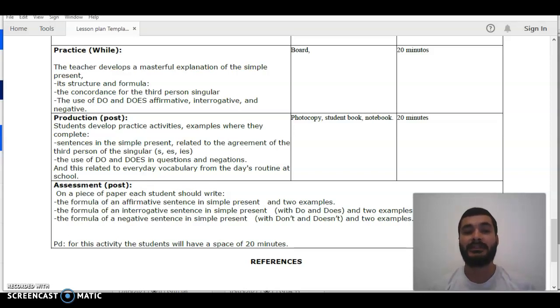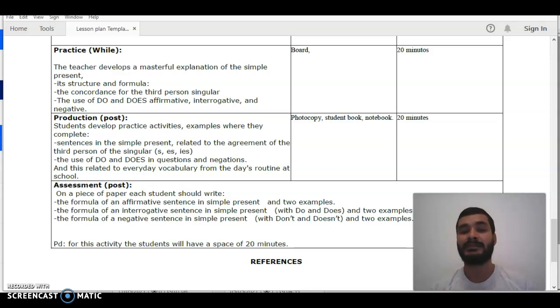In this assessment, the students will give to the teacher on a piece of paper the specific formula for a sentence in simple present, giving the concordance to the third person, giving two examples of that, and then the formula for interrogative sentences plus two examples, and the formula of negative sentences plus two examples.